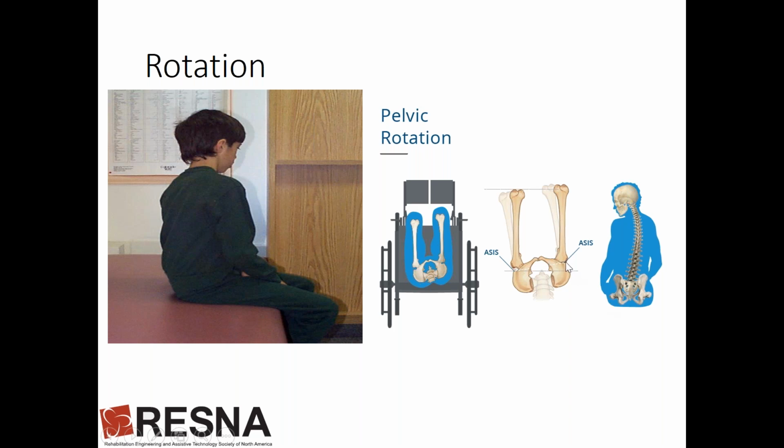I have my thumb on his ASIS, and I'm trying to find where that position is. This is a really good picture of a rotation. You see it's that twisting. Look how forward his shoulder is. So his whole trunk is rotated, twisted this way, and it's all coming from the pelvis.